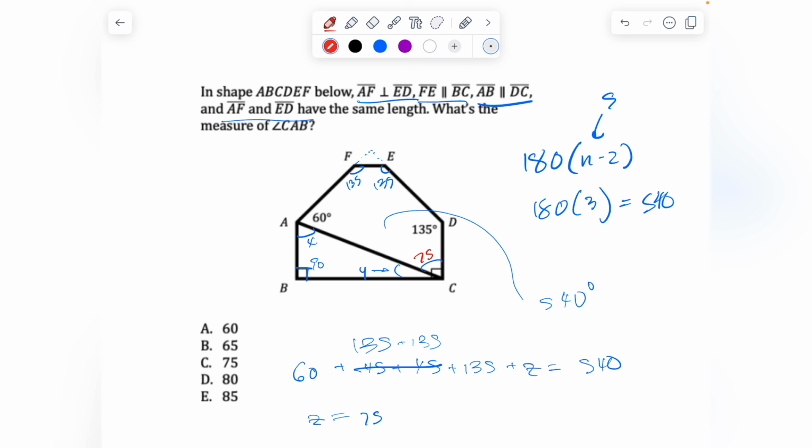Now, we know that this angle right here is 90. That means Y has to equal 15, and then you can solve X. So 15 plus 90 plus X is equal to 180. X is equal to 180 minus 15 minus 90, 75. And that's your answer.